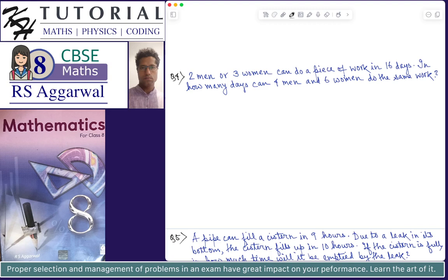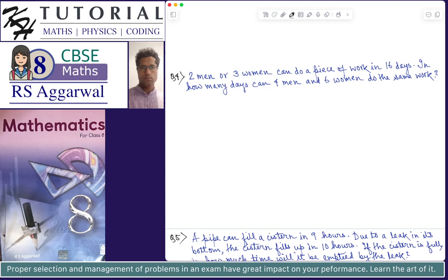Okay. So in the first line, two pieces of information are given: 2 men can do a piece of work in 16 days, and it is also given that 3 women can do a piece of work in 16 days. Now finally we have to find how much time it will take 4 men and 6 women to do the work.